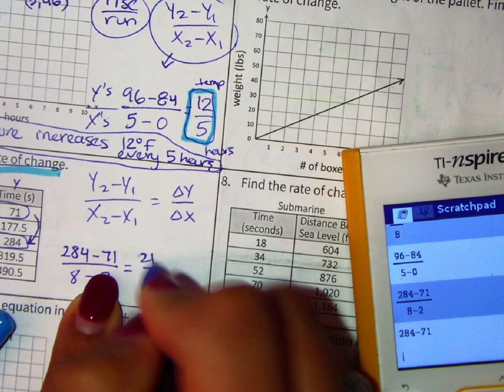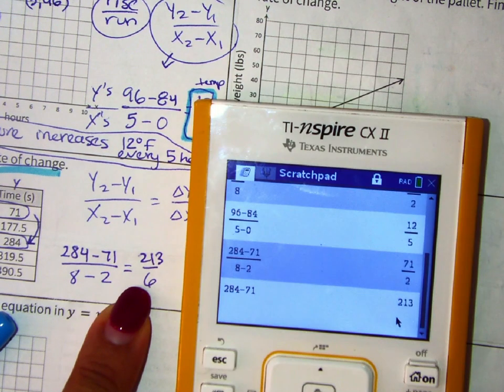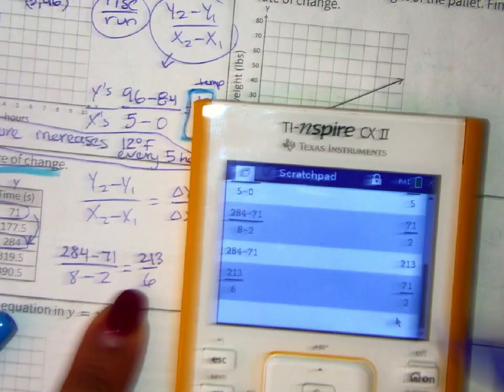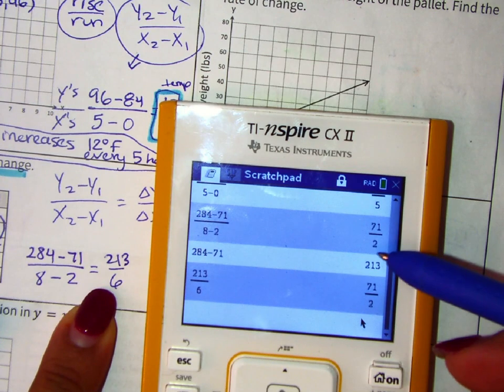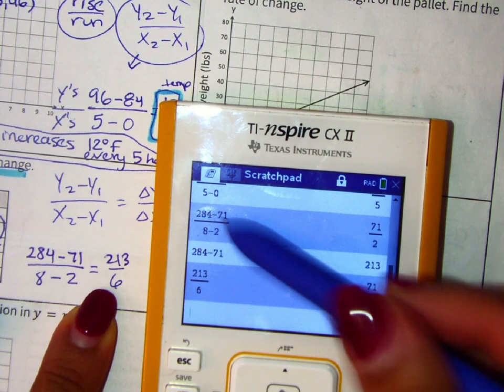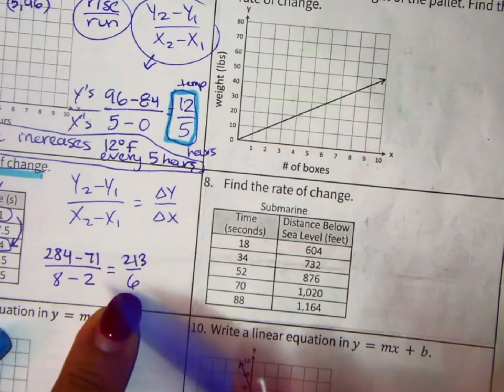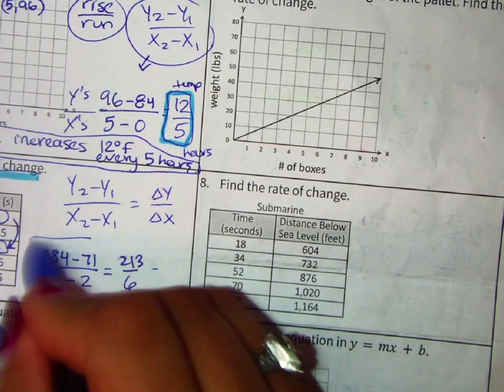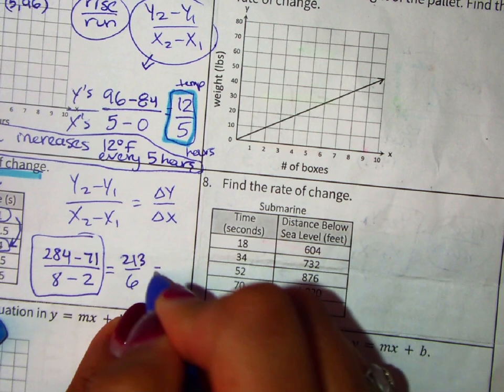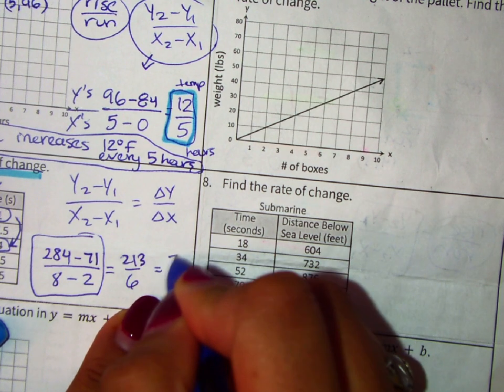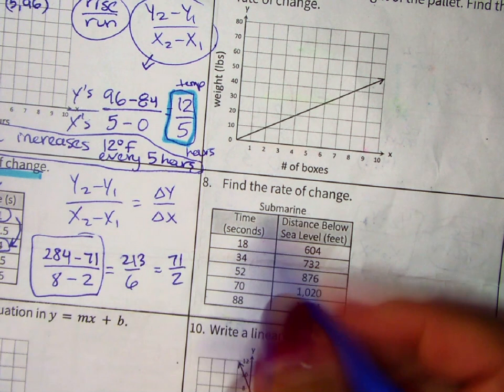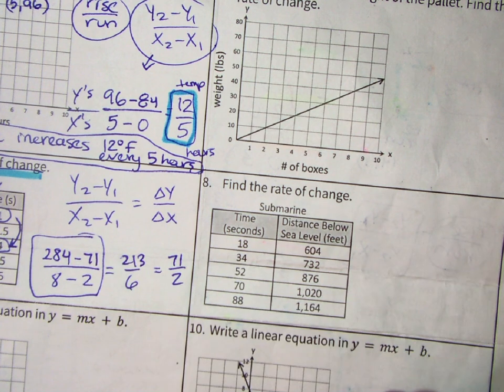So if I do 213 divided by 6 to simplify this, I do get that slope of 71 over 2 that I had gotten if I had typed the whole thing. So it's up to you if you want to just type this, press enter and get your answer, or if you want to do one step at a time. So 71 divided by 2.